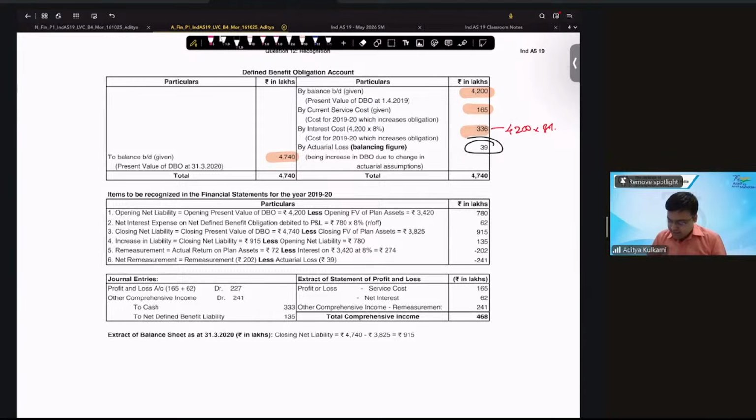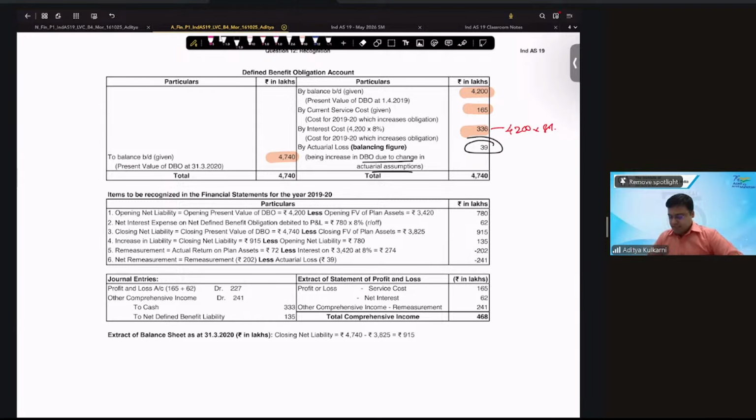So it is an increase in DBO due to change in actuarial assumptions. Any doubts so far? All clear? Ayush, Vibhu, Sagar, Sanjay, hope all is clear. Okay, Ayush has confirmed. Okay, fine.